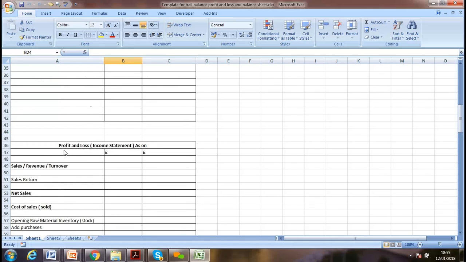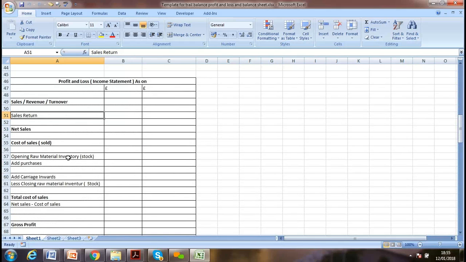And then for the profit and loss, if you prepare it, you can put the sales figure there in the last column, sales return if we have it minus, then net sales. Then your cost of goods sold: you put opening inventory, add purchases. If we have a delivery charge, add it, less closing inventory, and total cost of goods sold.